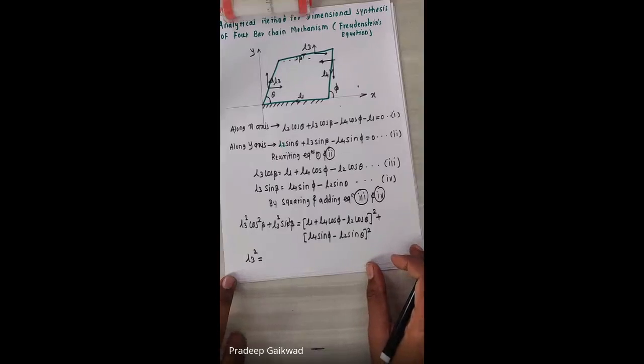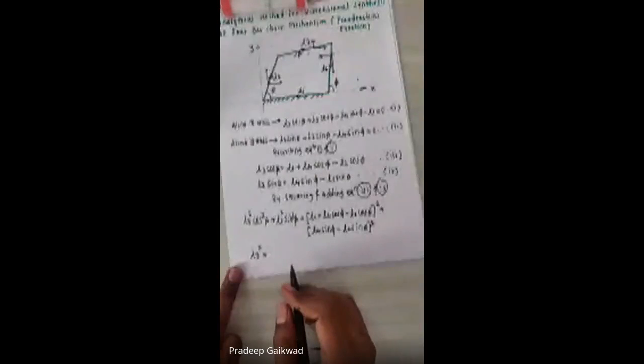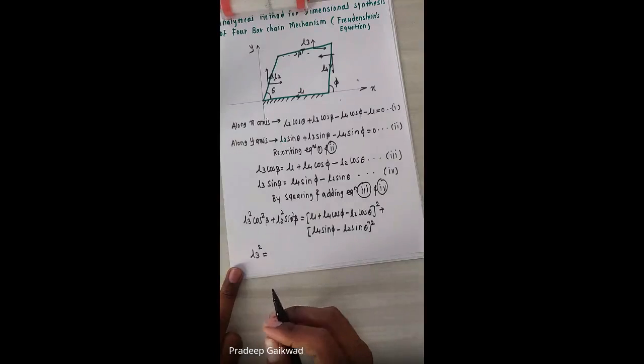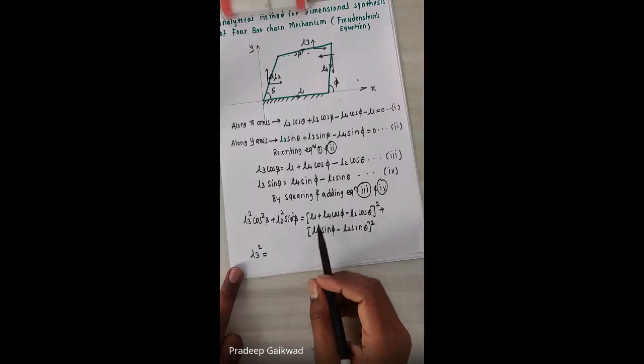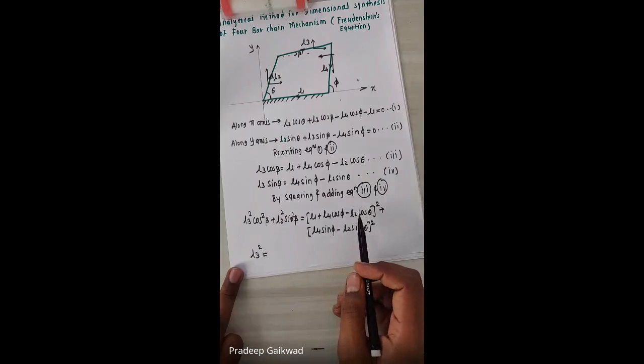You know the formula: A square plus B square plus C square, of course considering signs, plus twice AB plus twice BC plus twice AC.